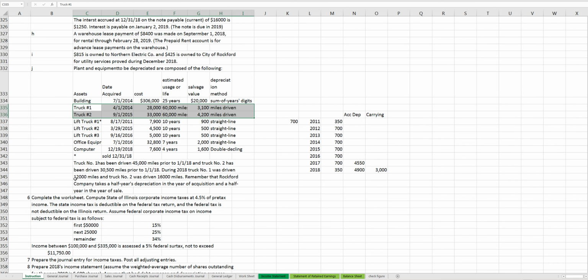Truck 1, 12,000 miles. Truck 2, 16,000 miles. And we have the total estimated usage. So we can determine the 2018 depreciation. Truck 2, truck 3 are measured with the straight line method.